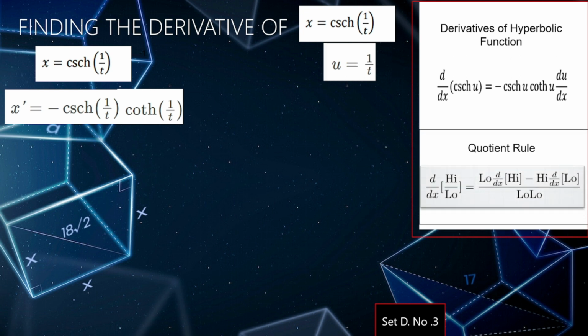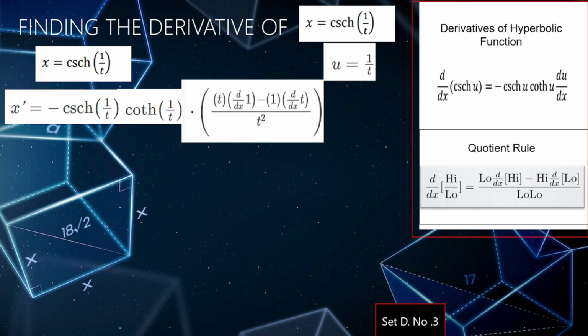Therefore, we will use the quotient rule since the u is 1 over t. And we will have t times the derivative of 1, minus 1 times the derivative of t, over t squared. Since the high in u is 1 and the low in u is t.